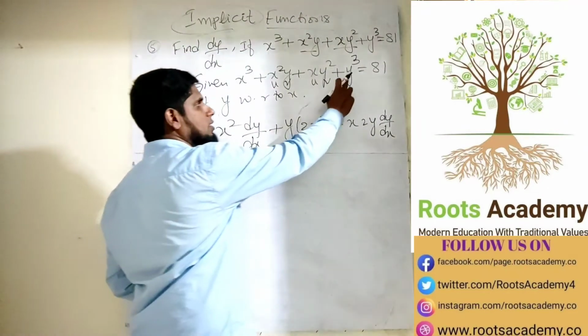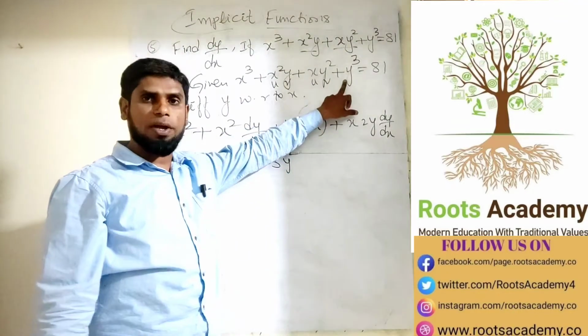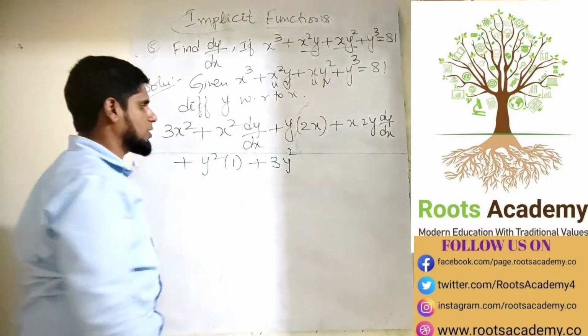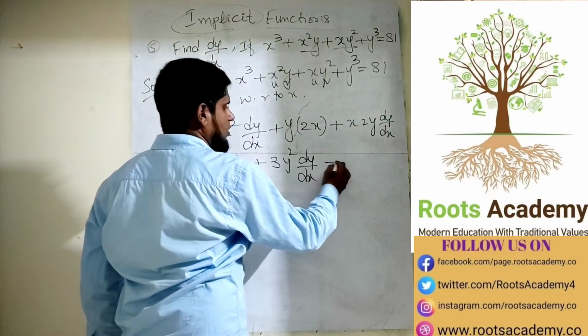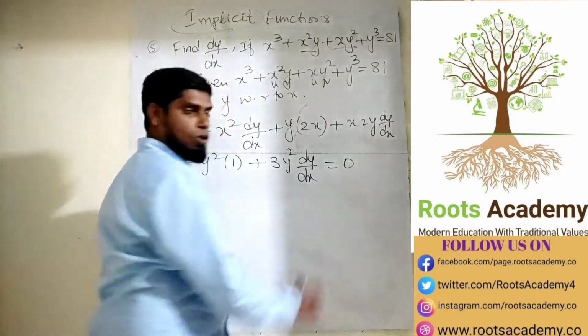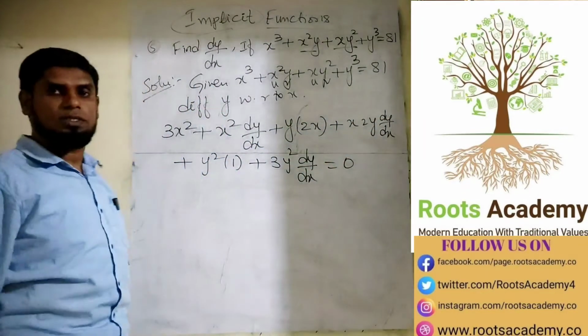Since here y is dependent variable, we must differentiate this y with respect to x. So it becomes dy by dx. That should be equals to 0. Because 81 is a constant, derivative is 0.